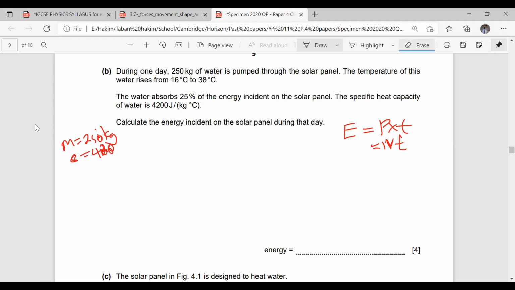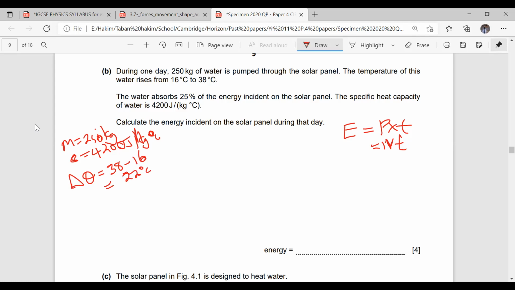And the change in temperature is 38 minus 16, which is 22. The change in temperature, delta theta, is equal to 22, the same as 38 minus 16, giving us 22 degrees Celsius.